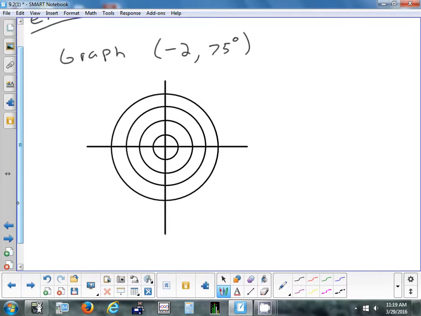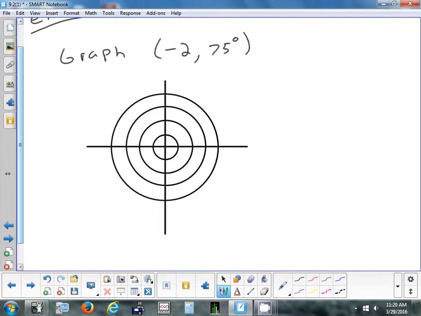All right, let's try negative 2, 75. John, what direction am I going to start moving in? To the left. Left, how many? 2. Okay. And then, Jen, we're going to go 75 degrees. Which way? Counterclockwise. So counterclockwise is like it's going down, and we have to go 75 degrees.